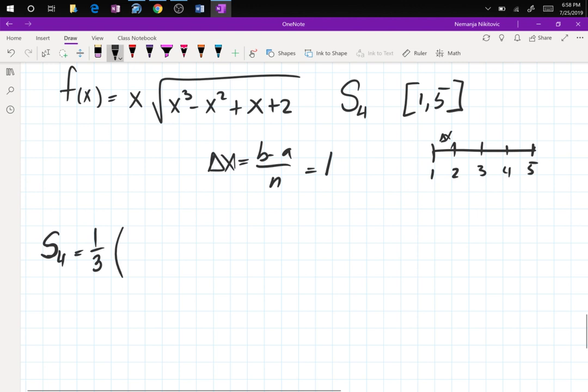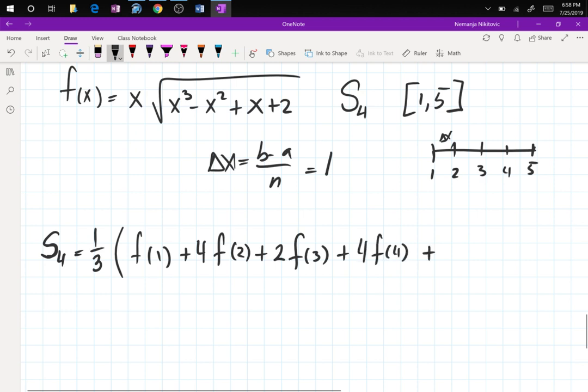Open parenthesis, f of x0, well, that's f of 1, plus 4 times f of 2 plus 2 times f of 3 plus 4 times f of 4 and plus single f of 5. So the beginning and the end are single values. Now we already have all of these values except the two numbers with 4s, they have to be multiplied by 4 this time around.